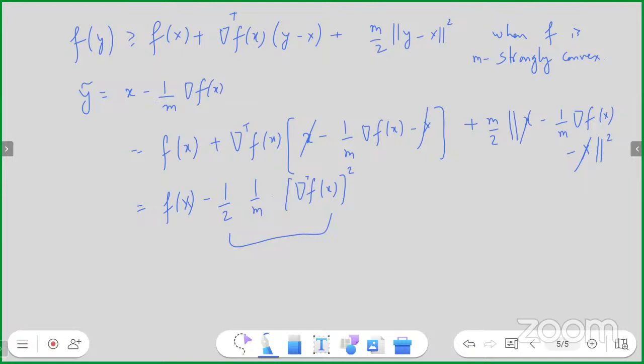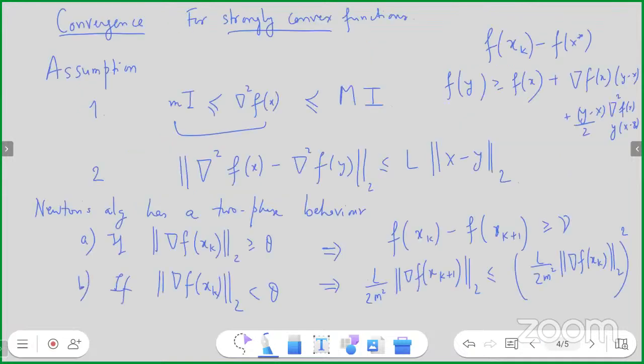Okay, so in the limited time I have, let me try to prove what I wanted to prove. What do I want to prove? There exists a theta which is smaller than m square by L, for which this happens, is what I want to prove.